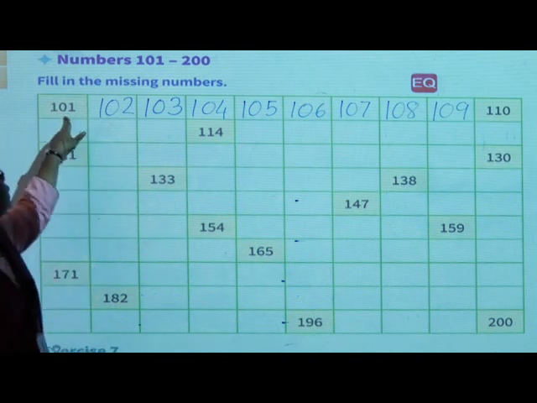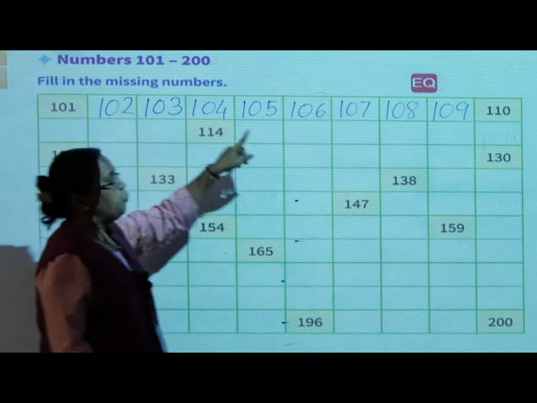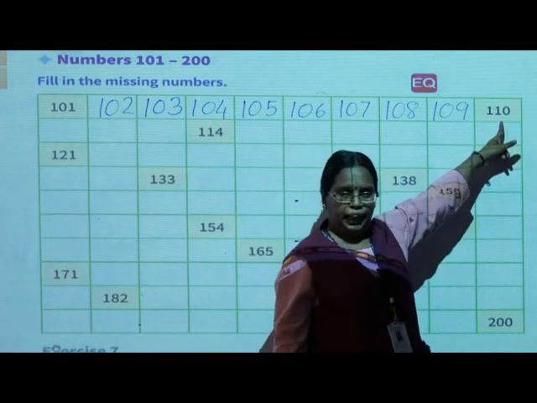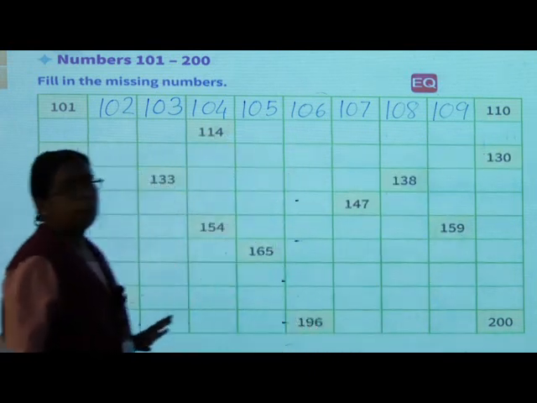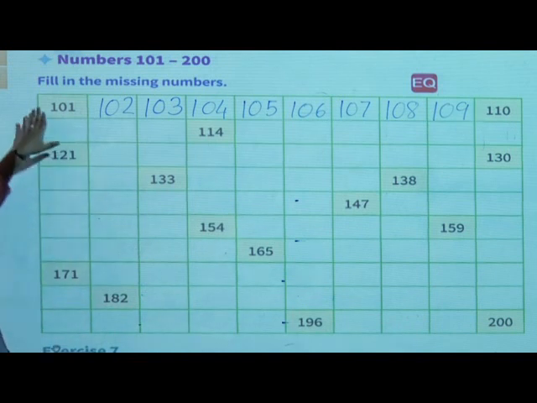They had given first 101 up to 110. So you want to write the missing numbers. What are the missing numbers?